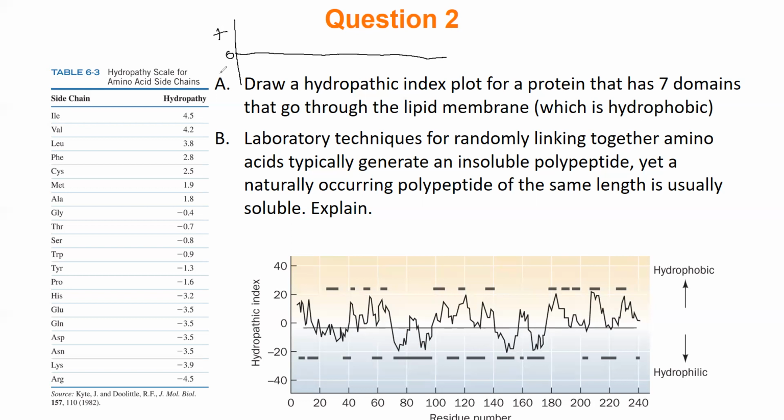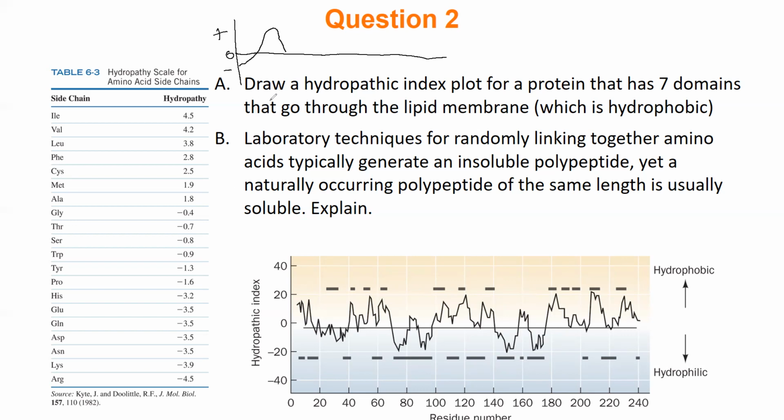These are positive numbers, which again means hydrophobic. These are negative, which again means hydrophilic. All right, so a protein that has 7 domains that go through the lipid membrane. So I'm going to start drawing with my N terminus, and then domain 1 is going through the membrane, and then you drop. Okay, so let me explain what's going on.